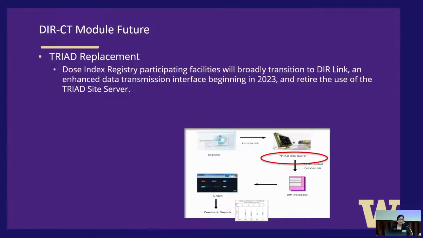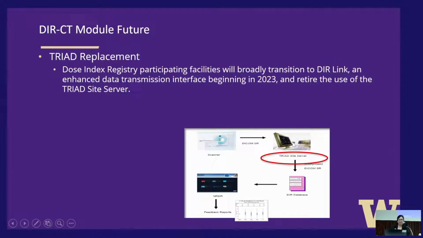So what is the future of the dose index registry CT module from ACR? One thing they're going to do, I showed this diagram earlier, which is the Triad server, which you install at your facility and which is where all the data goes before it's sent to the ACR. So ACR now is considering replacing the server. It's been in use for the last 12 years, and now they are going to remove it.